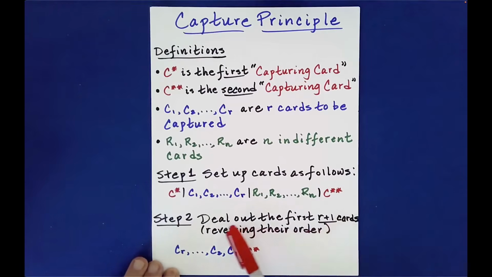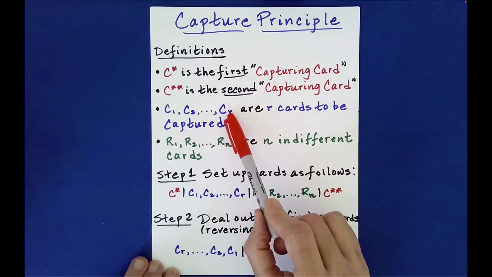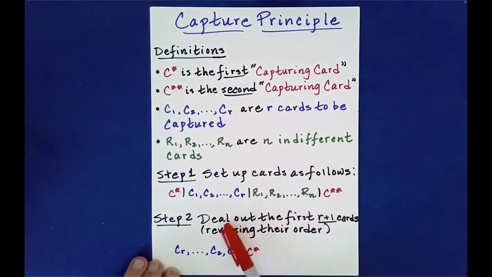K-I-N-G has 4 letters, which is 1 more than the 3 cards that I captured, which were the Ace of Diamonds, 10 of Diamonds, and Jack of Diamonds. So you have to deal out 1 more card than the number of cards to be captured, and that's what I did. Or in the case of Why Everyone Loves Them, I just needed to capture the 2 companion cards.